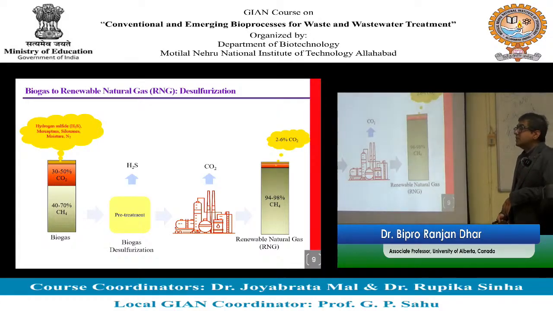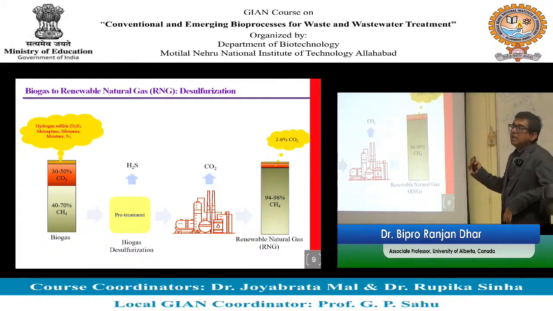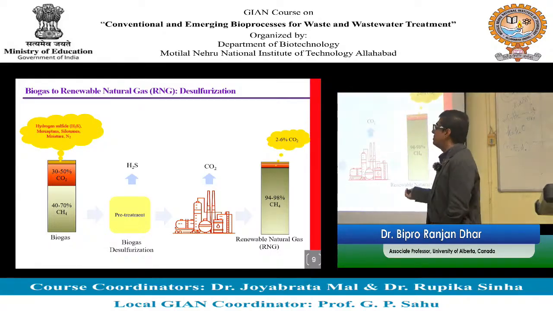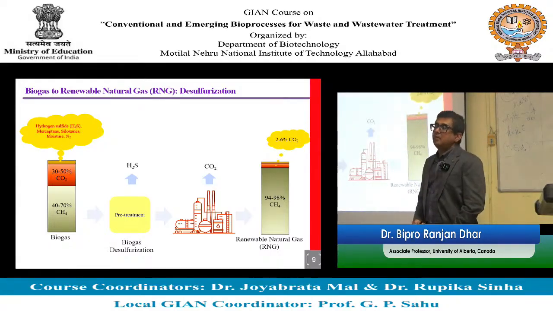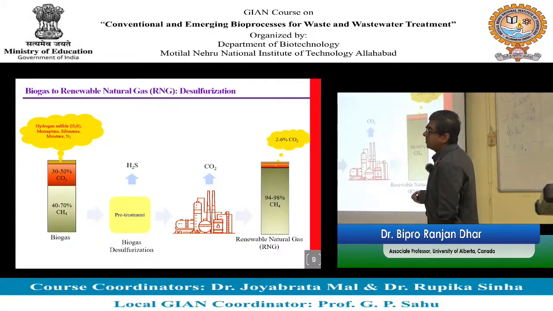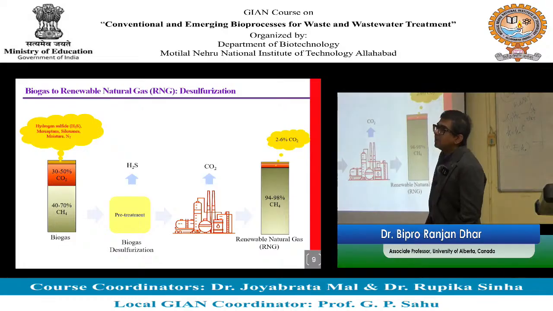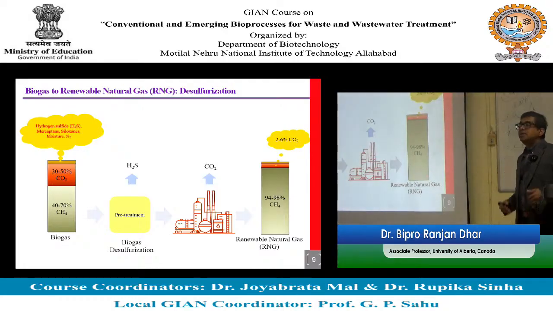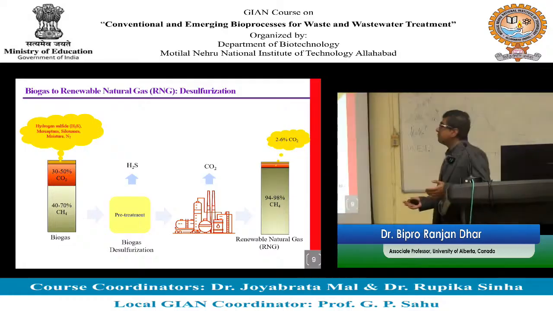So that's why in most AD facilities, they treat sludge or any other organic feedstock, but end up flaring the biogas. They may have done some economic analysis and found that, you know what, it's quite expensive to treat the biogas before converting it to RNG, so it's not economically feasible.